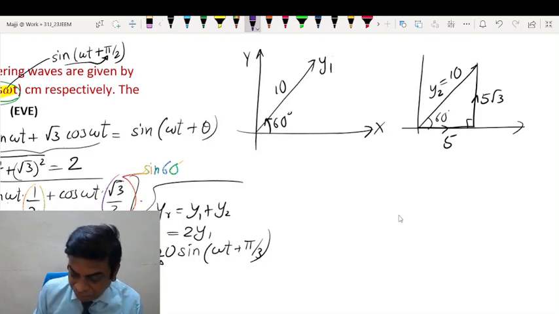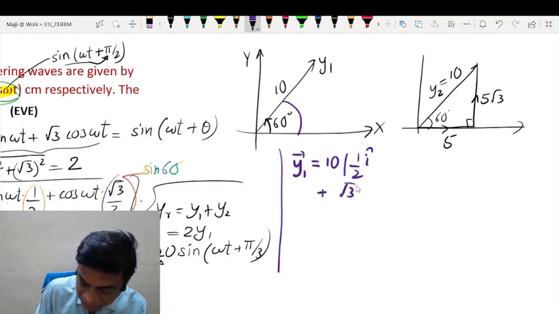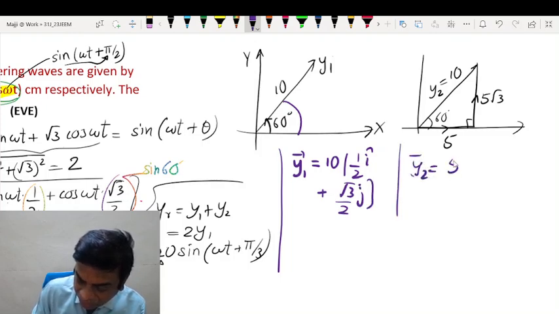Still, if you have not understood, then you can write like this. Vectorially, y1 is 10 times cos 60 degree i cap plus sin 60 degree j cap. Here y2 is 5 i cap plus 5 root 3 j cap.